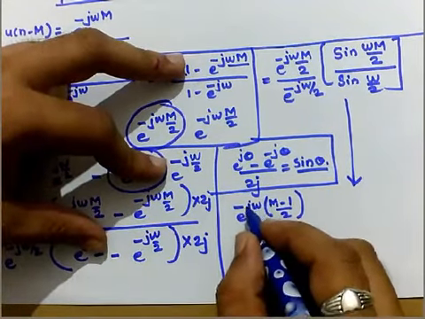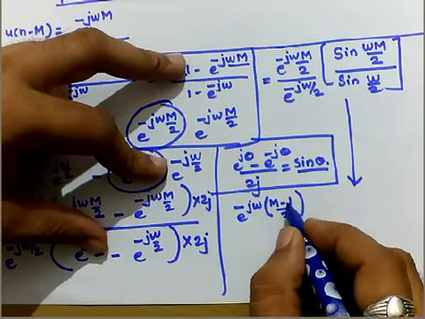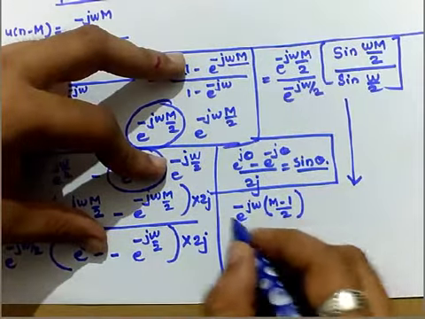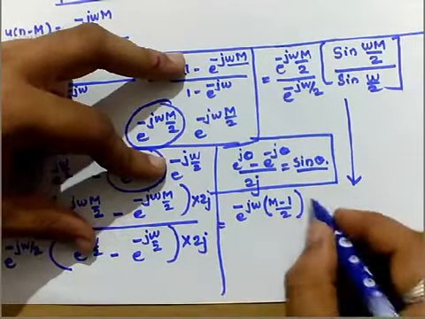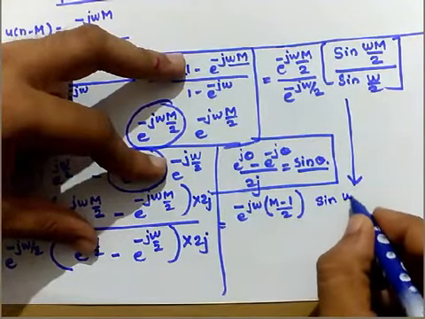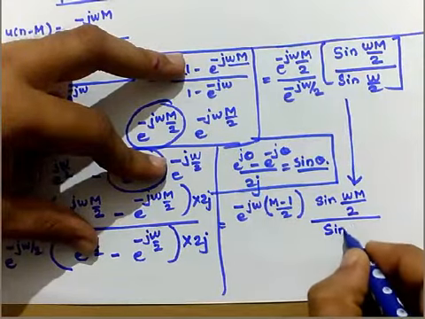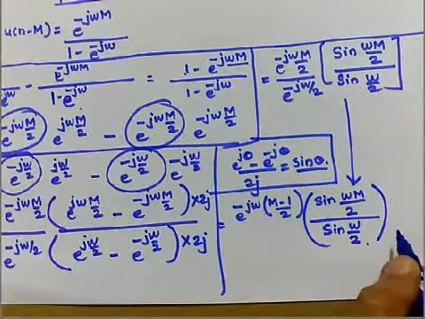So just check, e raised to minus j omega m by 2, e raised to j omega by 2 taken to the upper side, plus j omega by 2. So this will be sin omega m by 2 by sin omega by 2. So this is the entire term.